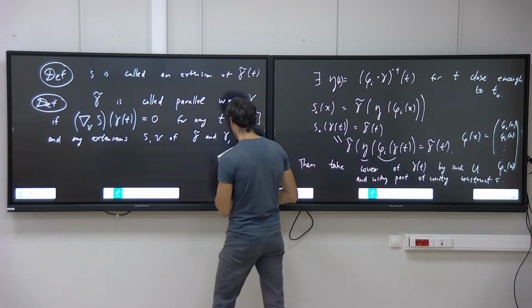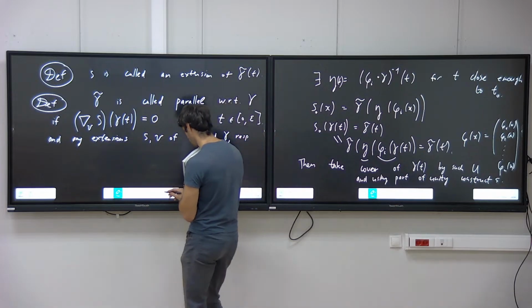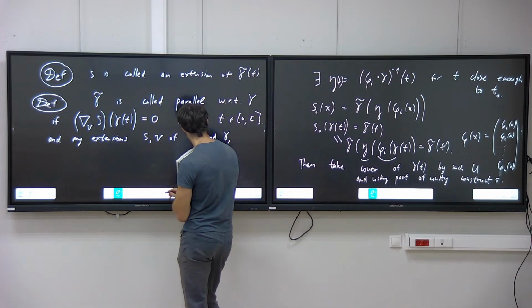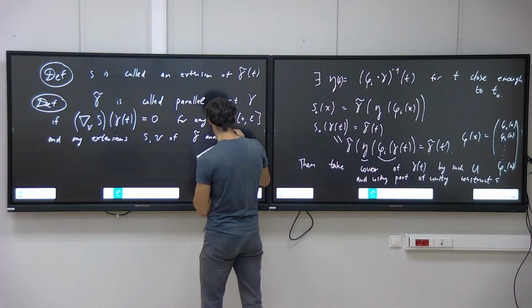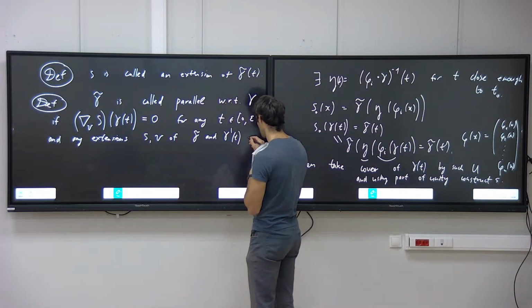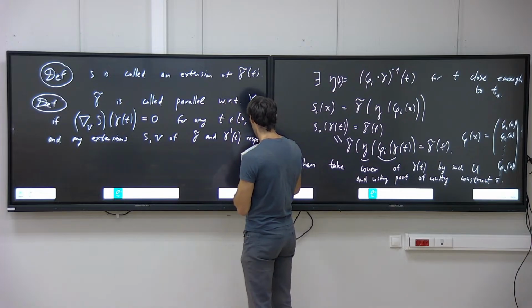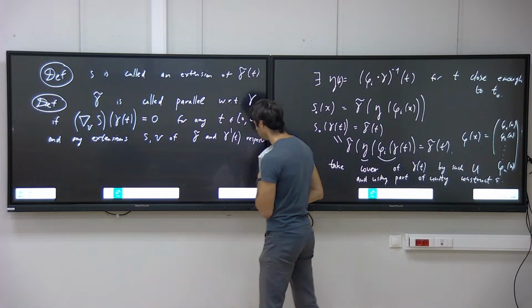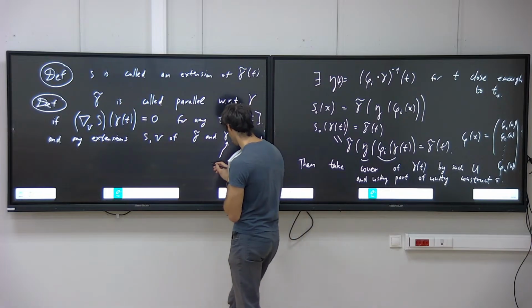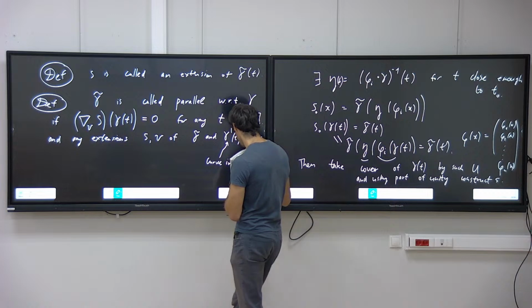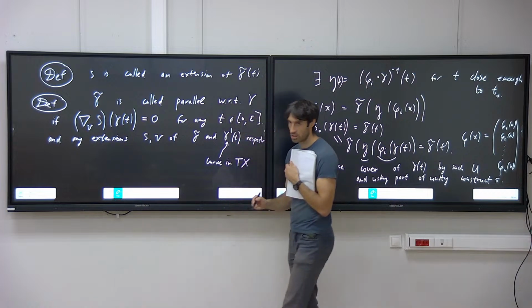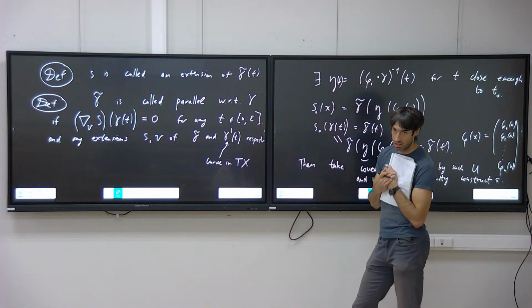And gamma, so this one should not be gamma, there also should be section gamma prime of t, respectively. So this is a curve in where? This is a curve in Tx, right?